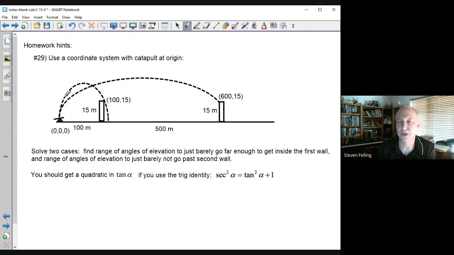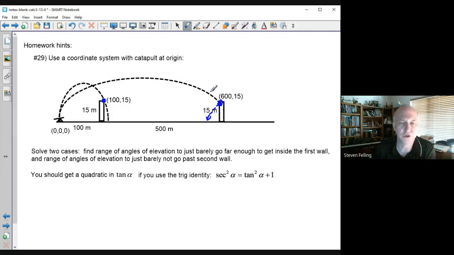So if you look at the picture of the problem, in one case, you're going to lob it really high so that it barely clears the first wall, right? So think of it as having to pass through this point. And then the other one is you can lob it in such a way that it barely hits this wall and bounces back in. So you can think of it as trying to pass through this point. So give that a try.